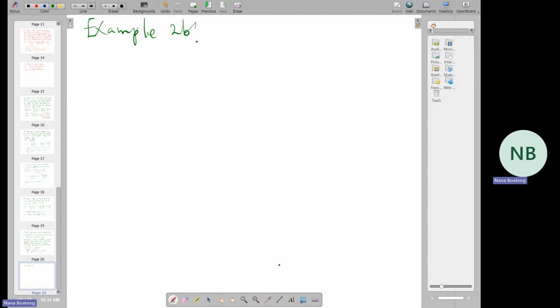Okay, so let's look at the slope-intercept form.